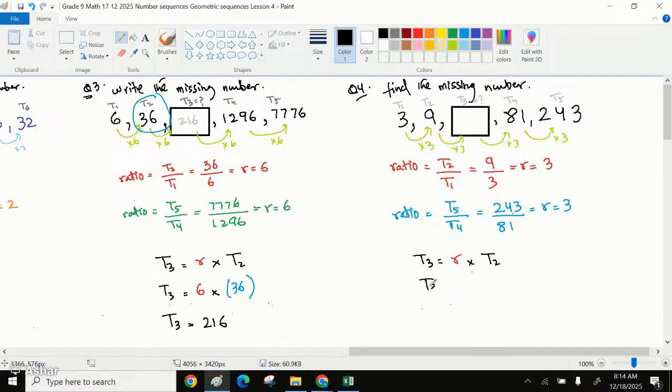So term number 3 is the ratio, 3, multiplied by term number 2, which was 9. So term number 3 comes out to be 27. We can always write 27 in the sequence. I hope it's clear. Are there any questions? If there are any questions, please do ask them. Okay, good. Let's go to another example and see what else we can do in the sequence.